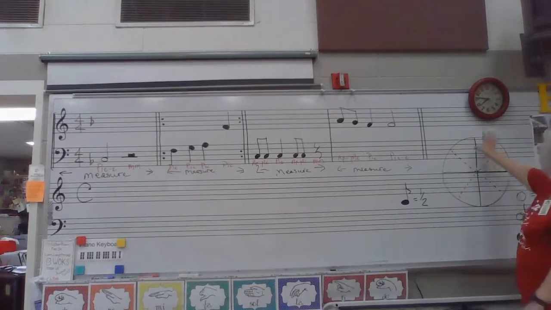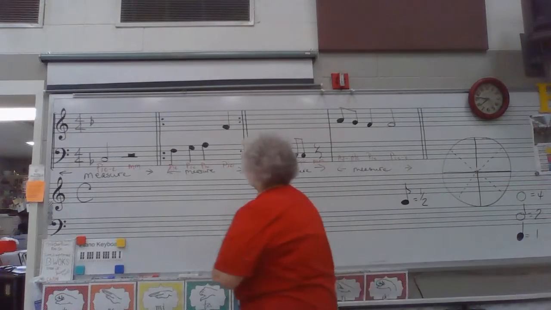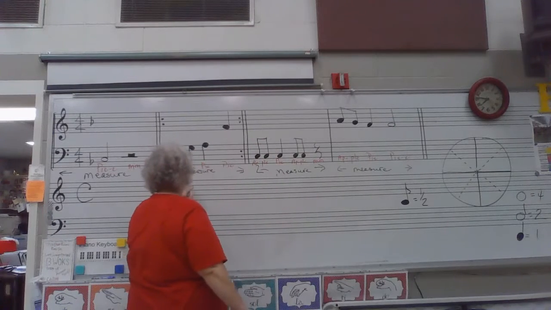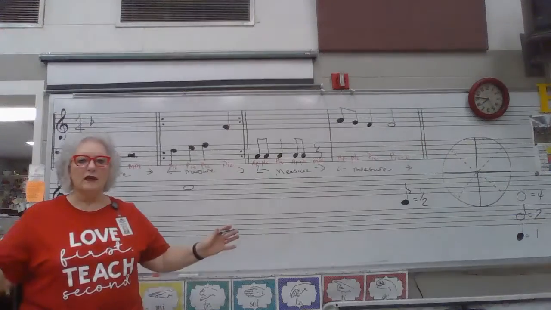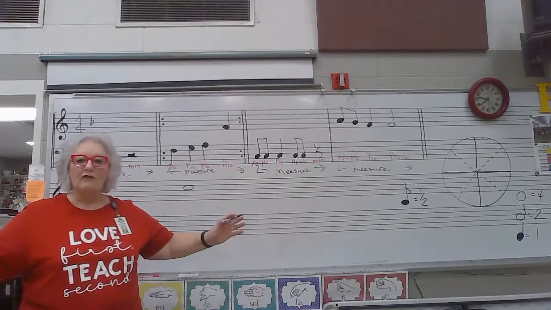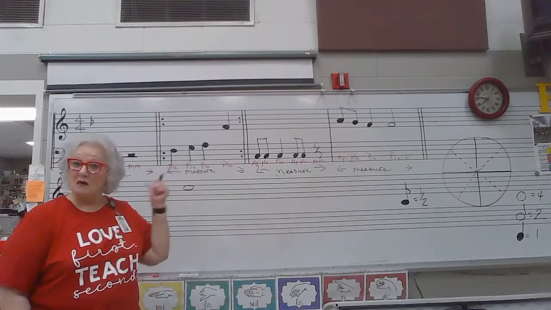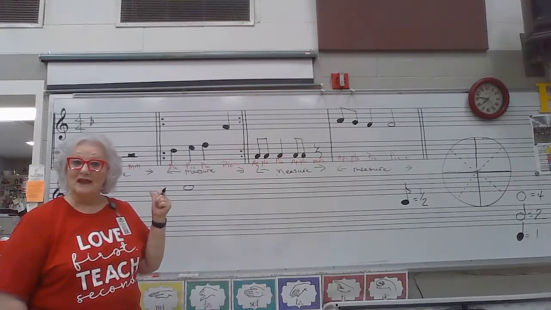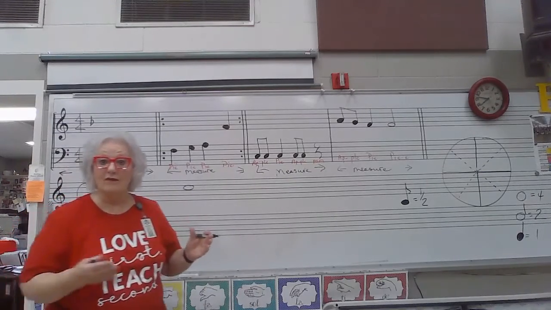The entire whole pizza is going to represent our whole note, which is simply a circle. That's all it is. It is the granddaddy of them all. He gets 4 counts when the 4 is on bottom. So he's going to be worth the most that you can have, okay?